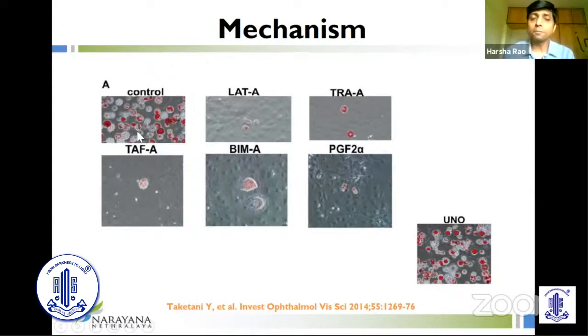So in the differentiation stage of these pre-adipocytes, if they are treated with prostaglandin analogs, you see a very, very small number of mature adipocytes, be it latanoprost, travoprost, or bimatoprost, even tafloprost here. But unoprostone showed very little effect on the adipogenesis, for that matter.